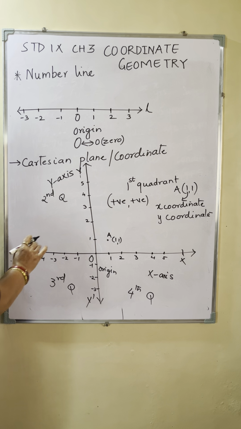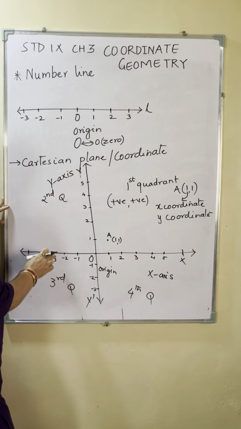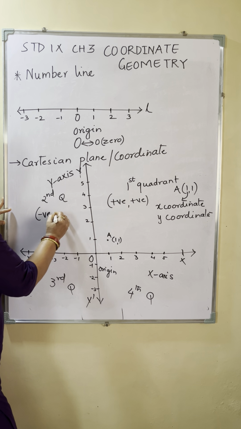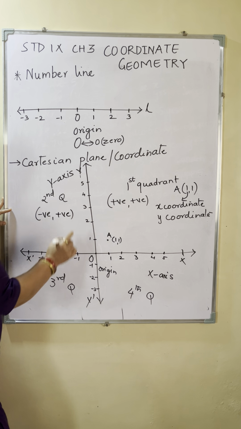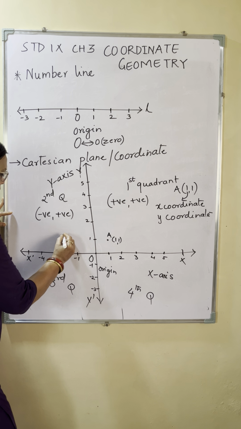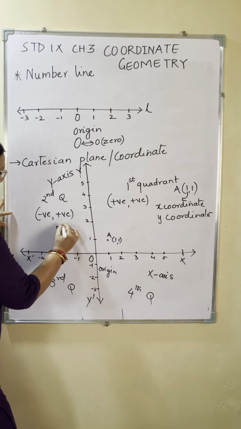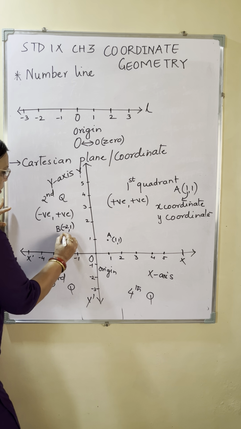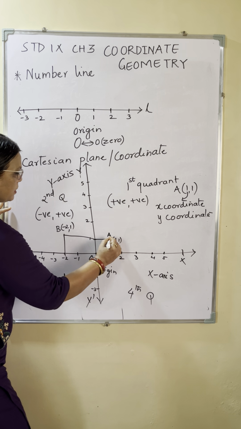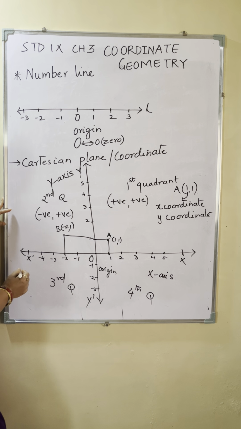Okay? Now we come to the second quadrant. You see x is negative, y is positive. Suppose I want to plot -2 and 1. So the point will be here, B, -2 and 1, in this way. Okay?